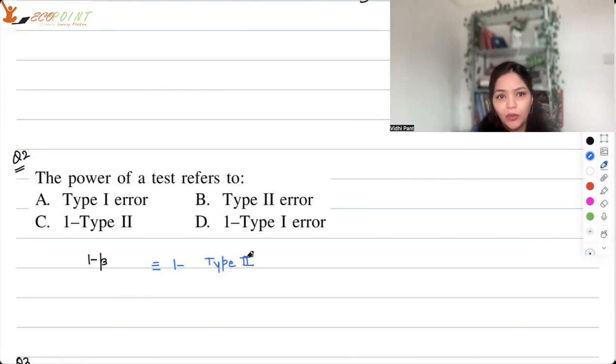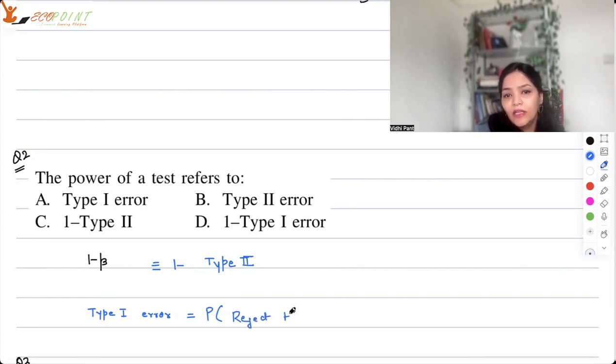Type 1 error is basically alpha. Type 1 error is the probability that you reject the null hypothesis when actually the null hypothesis is true.